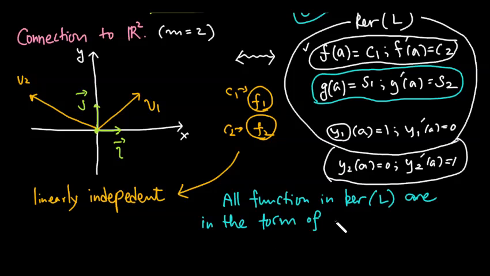Everything here can now be written as c1 f1 plus c2 f2, and we don't always need that special y1 and y2 to write down the solution. If we have these two things available to us, and as long as they are linearly independent, then we can generate everything in terms of what we have here. This is useful and important. Often we write our solution in this way.